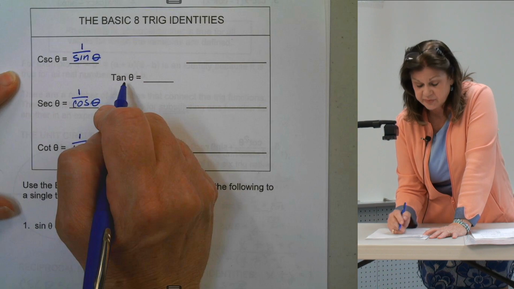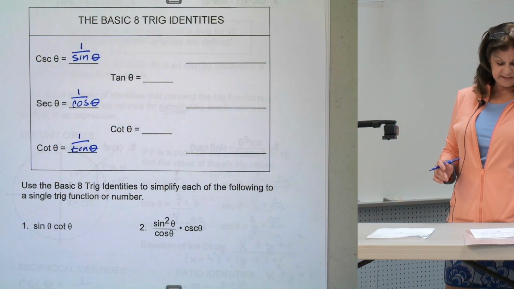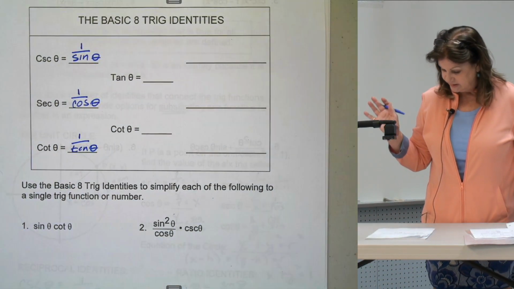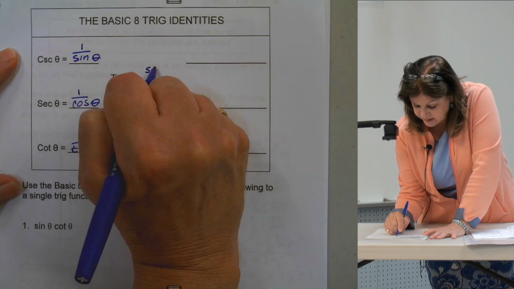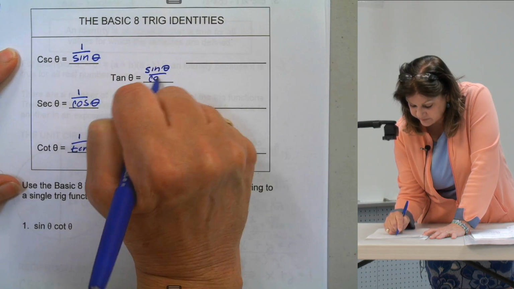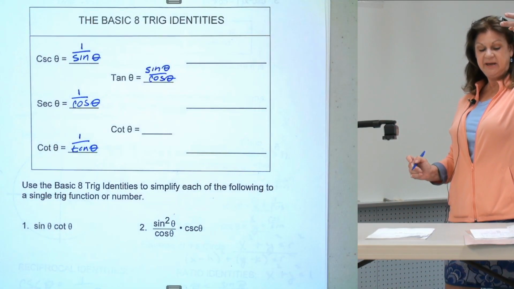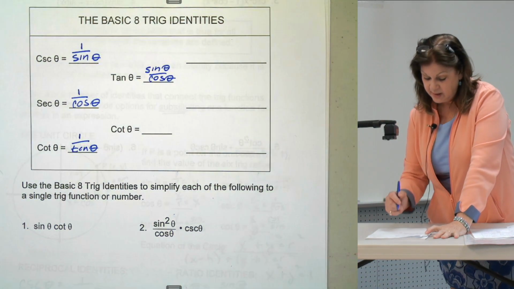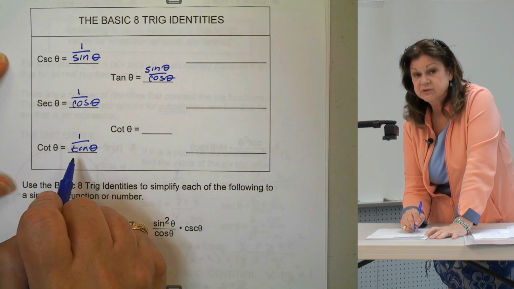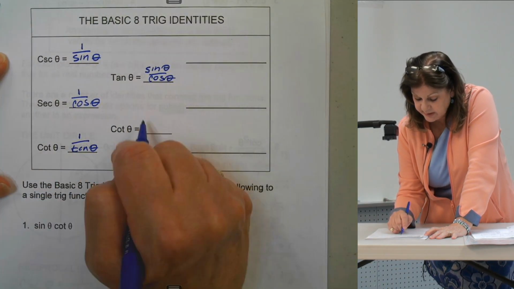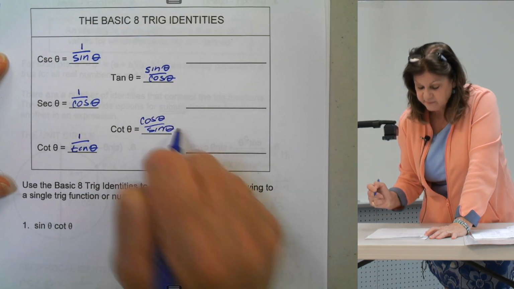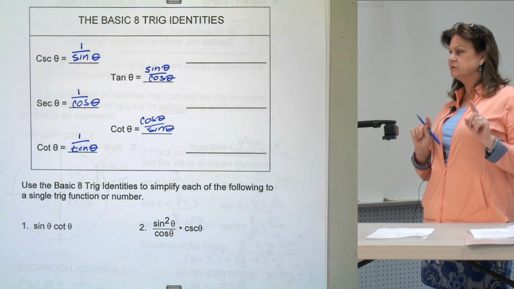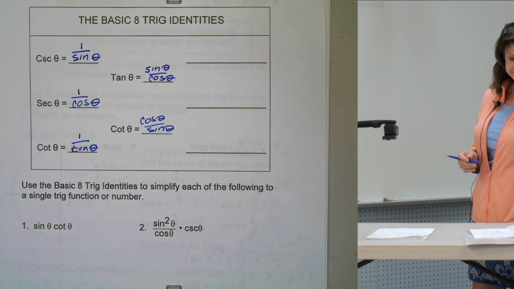Tangent is also an identity, and it's a ratio identity. And so what ratio is it? Well, of course, it's sine theta over cosine theta. So cotangent is the reciprocal of that. So not only can I write cotangent as 1 over tan, I can also write it as cosine over sine. So the cotangent has 2 different personalities.